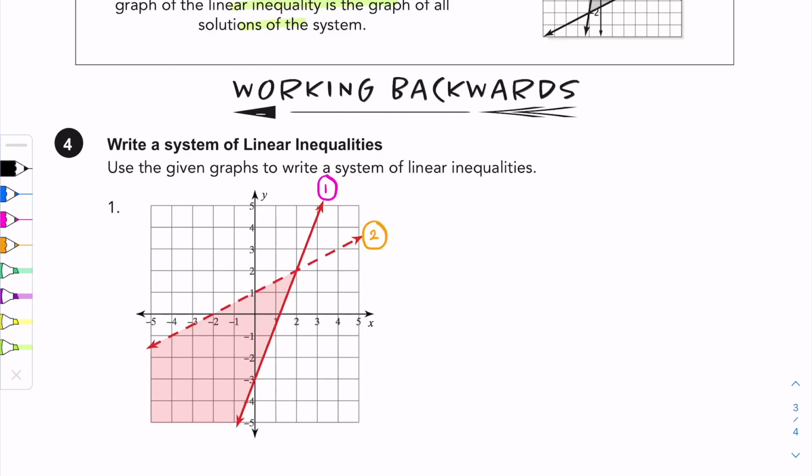If I could make a suggestion for writing, I would say to identify the slope and the y-intercept and write your equation in slope-intercept form.